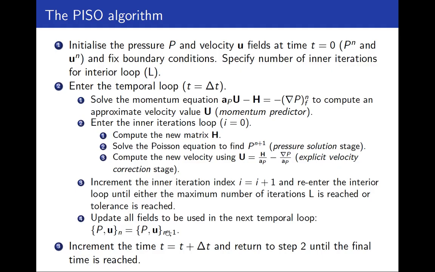So the pressure and velocity at the new time level will be the velocity values at the old time level of the next temporal loop. And then you increment the time by delta t, and then you return to step 2 until the final time is reached. So this is the PISO algorithm summarized.